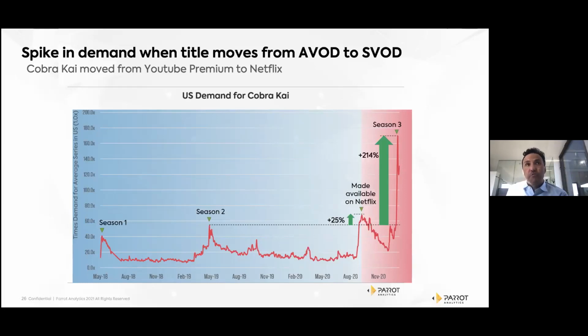And then especially with the questions that a lot of these networks are having of how to implement an AVOD tier, this is something that we're going to be able to see even more, because then you're going to be able to test what happens when the AVOD tier comes into place, and what is the impact that has on the audiences of a specific title. And it's exciting.